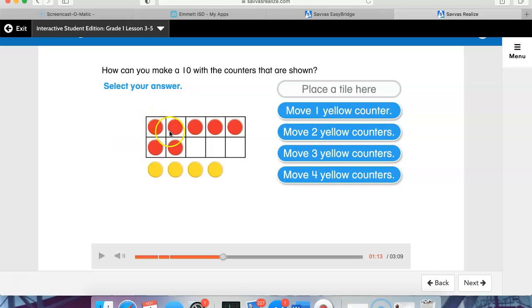So if we have 1, 2, 3, 4, 5, 6, 7 red counters and 1, 2, 3, 4 yellow counters, how can we make a 10 with the counters that are shown? Well, if this is a tens frame and we have 7 red counters, that means we would need to fill in 1, 2, 3 of the yellow counters.